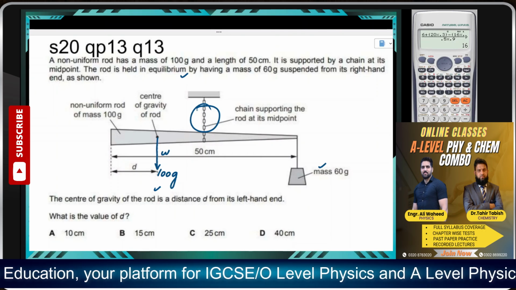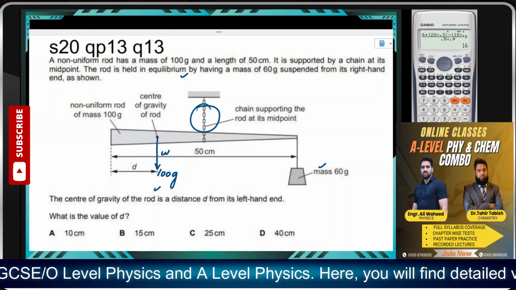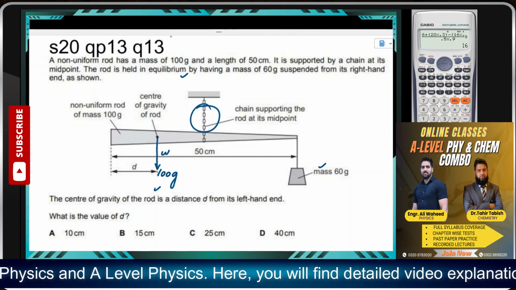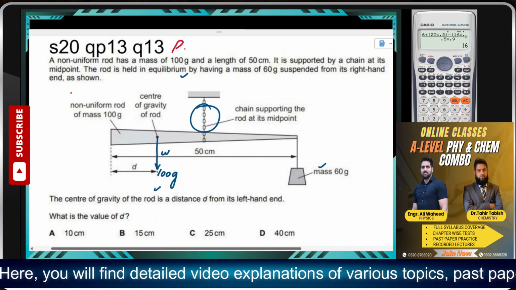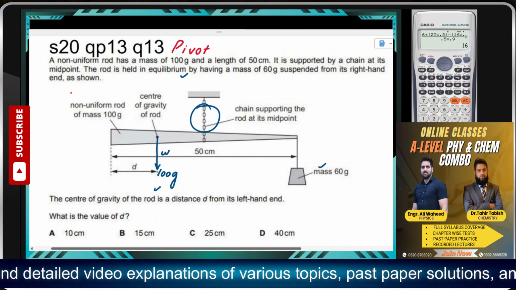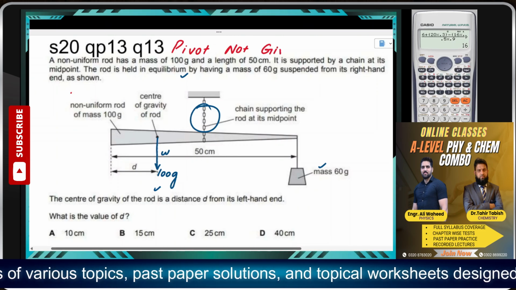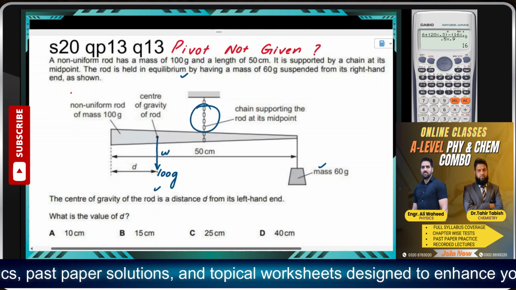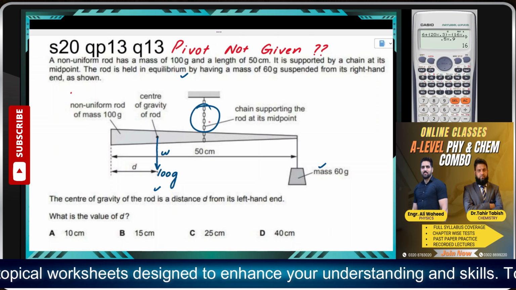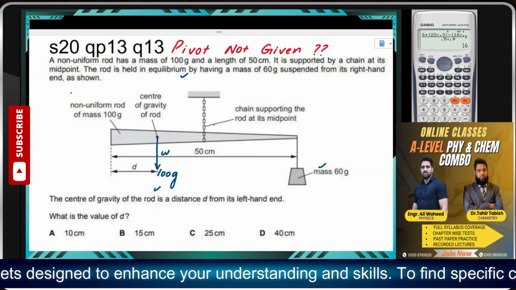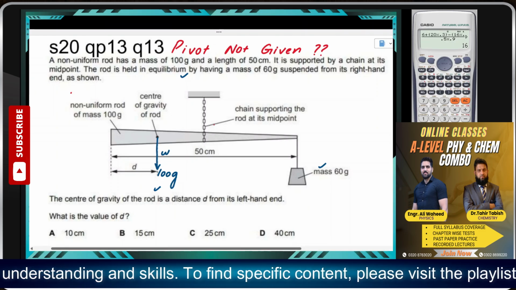And then the question is, what is the pivot? In this question, the pivot is not mentioned. So I should write it as an important point: pivot not mentioned. This is a case when pivot is not mentioned. So what do you do when pivot is not given? You choose a point as a pivot where you could cancel a force.